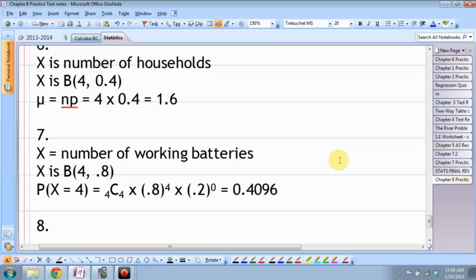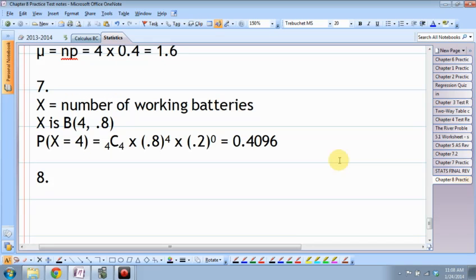Question 8. The Ocho. 2% of circuit boards manufactured in the company are defective. Circuit boards are selected randomly. What's the probability that the number of circuit boards inspected before a defective circuit board is found is greater than 10?